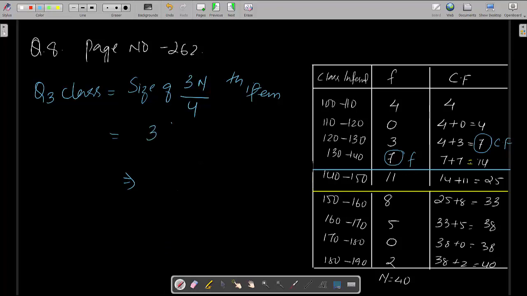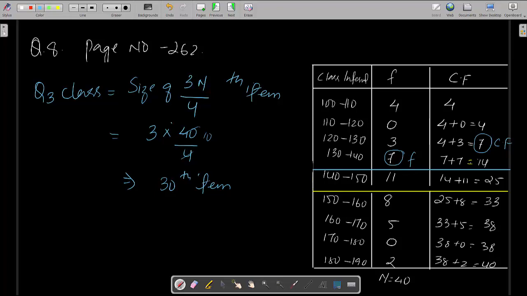So 3 into what? N is 40, right? By 4. So we got 30. So you can just cut it down, 10, 30. 30th item. So where does this 30 lie? 30 lies here in 33, right?